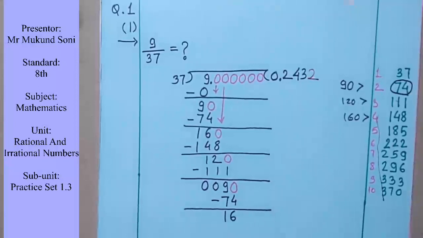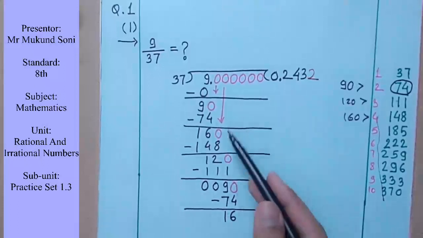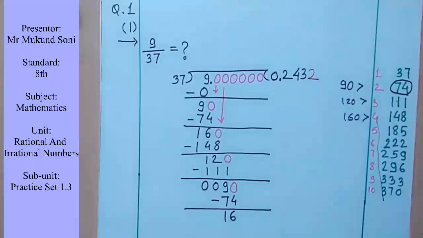Did you find the same remainder again? Did we have the same remainder previously? Look into the previous divisions and check for the same remainder. Did you have it? Then put 0 again.